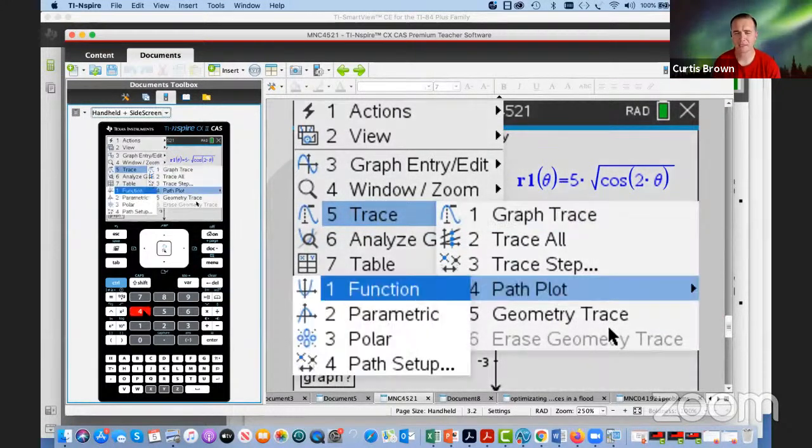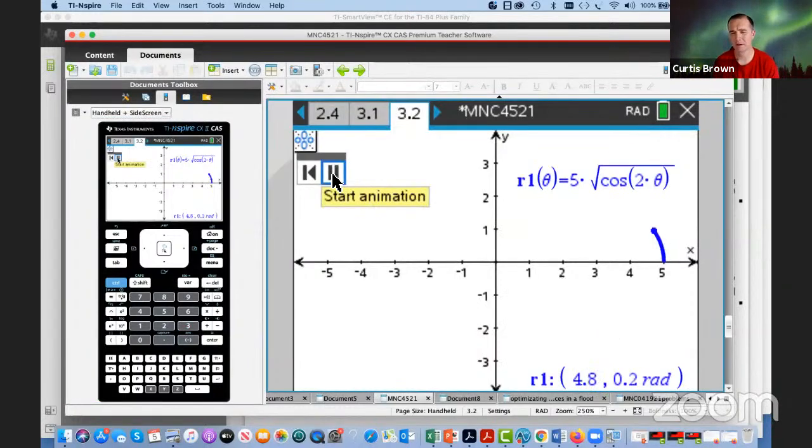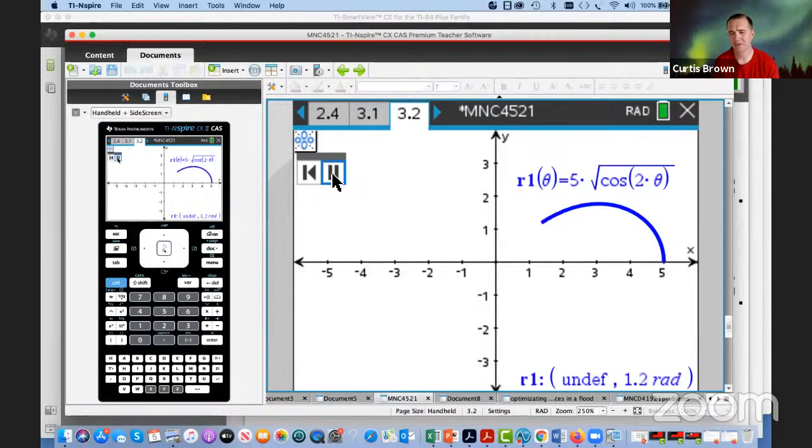Well, this is kind of a nice feature that's in here. You can actually do a polar path plot and watch that little guy jump around on the screen, which I think is kind of an interesting piece. So we got that, and now we'll get the remainder of that jump, and then the next one.